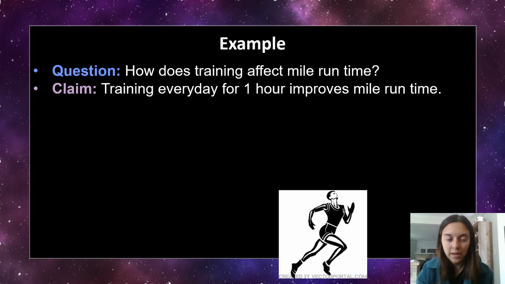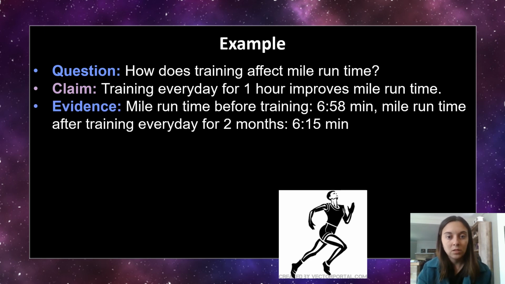One sentence statement. Evidence. Where's my data, my numbers? My mile run time before training was 6 minutes 58 seconds. My mile run time after training every day for 2 months was 6 minutes and 15 seconds. Okay, stated that evidence.